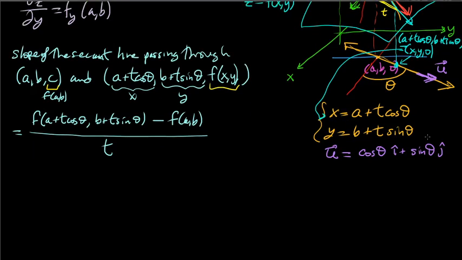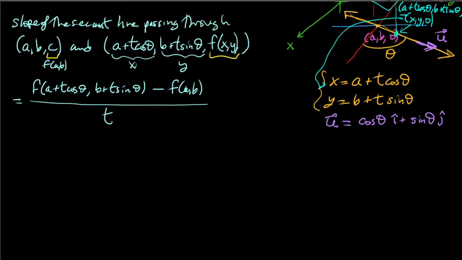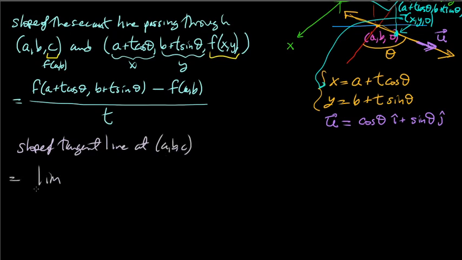And then to get the slope of the tangent line, we'll do it this way. The slope of the tangent line at the point a, b, c will just be the limit as t goes to 0 of f of a plus t cosine theta, b plus t sine theta, minus f of a, b, all over t.